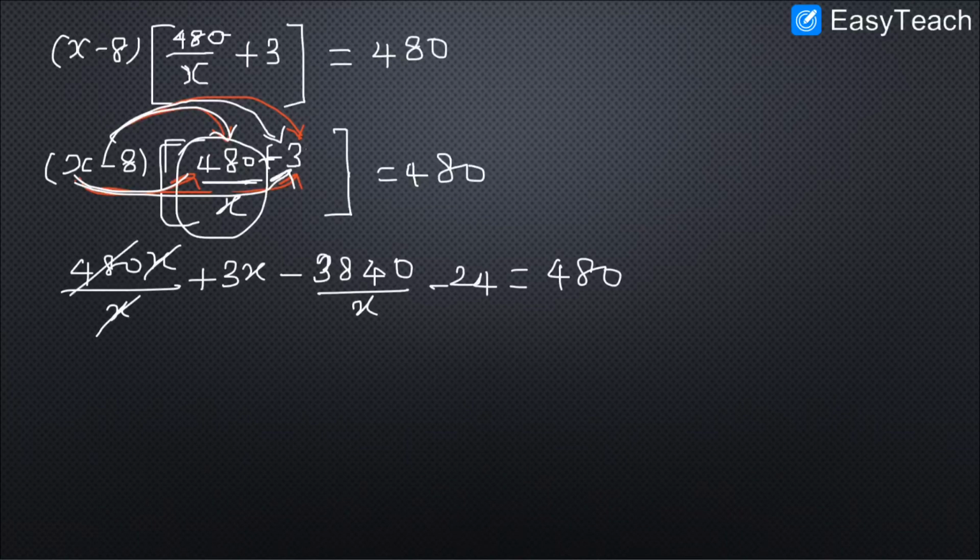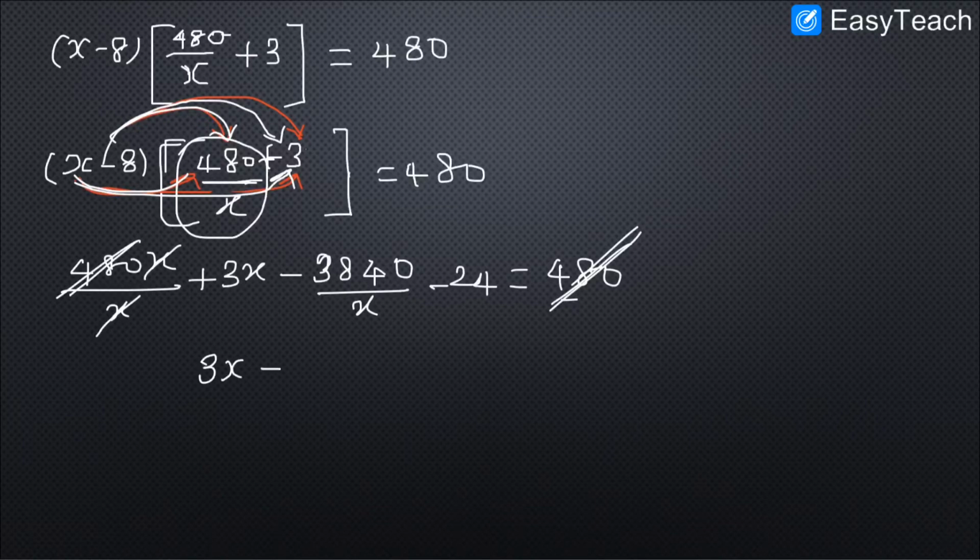Here let's cancel 480x by x, and 480 also 480. If you bring it to this side, it will become 480 minus 480, definitely going to be 0. So I cut it in this step itself.